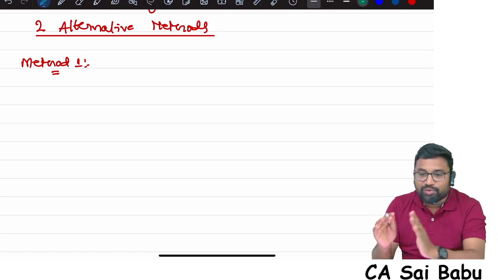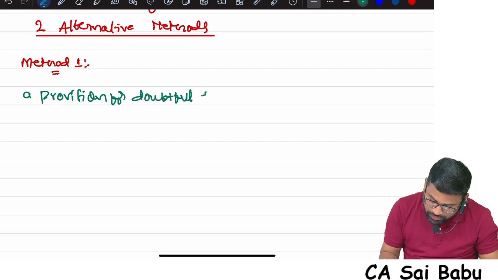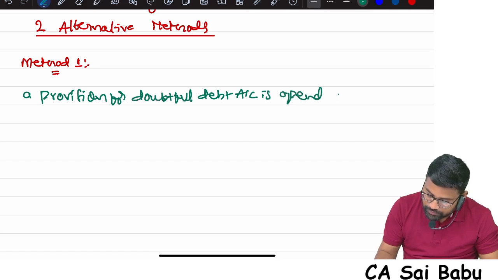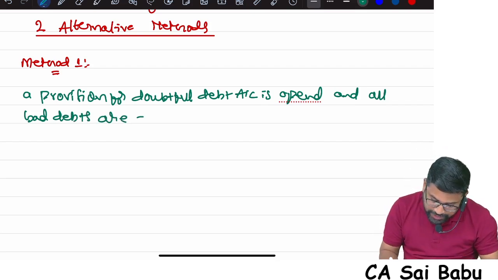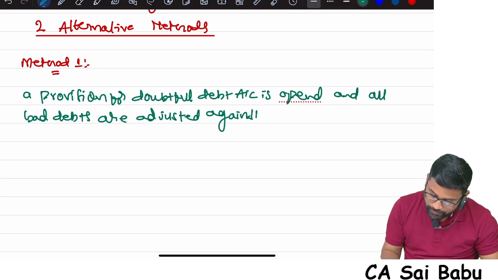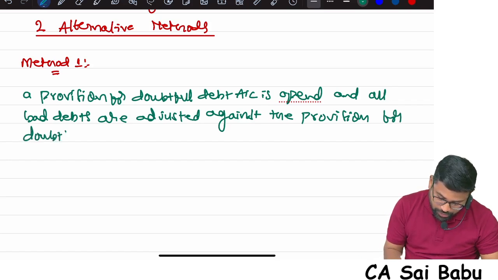So in method 1, write down: a provision for doubtful debt account is opened and all bad debts are adjusted against the provision for doubtful debt account.